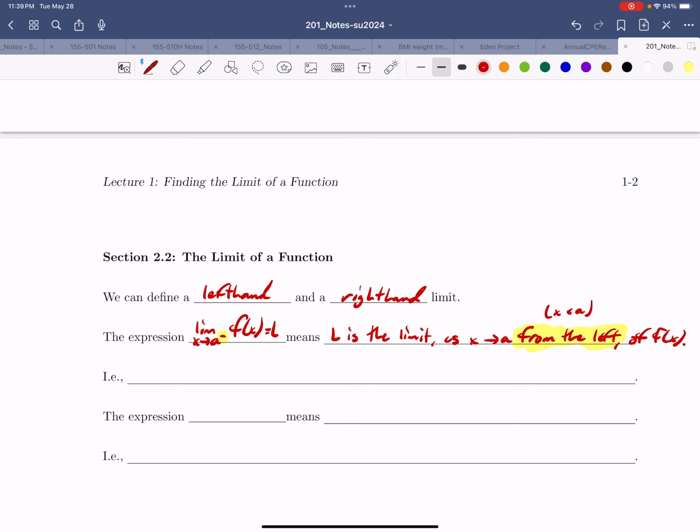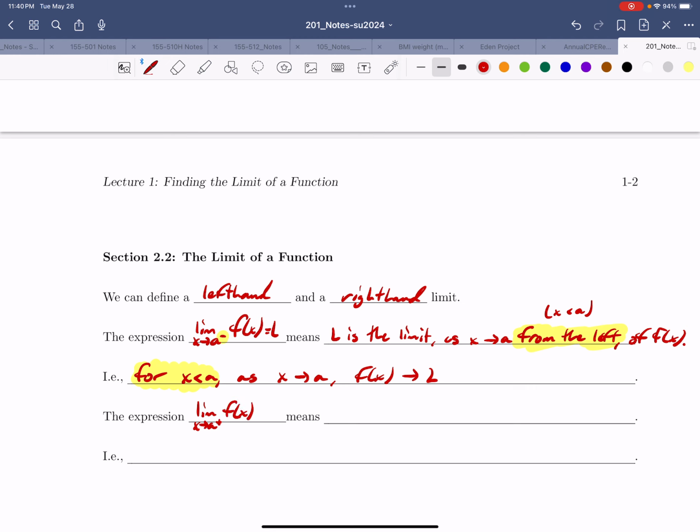So in other words, this is saying, for x less than a, as x approaches a, f of x approaches L. Now again, this is what the minus sign means. We're considering only values lower than a. And then you might imagine we've got the opposite of that. That's a plus sign right there.